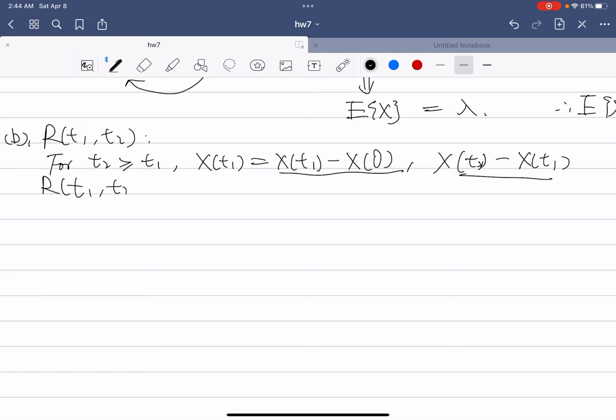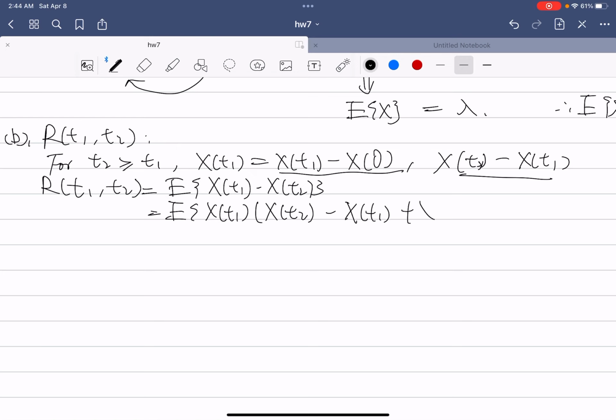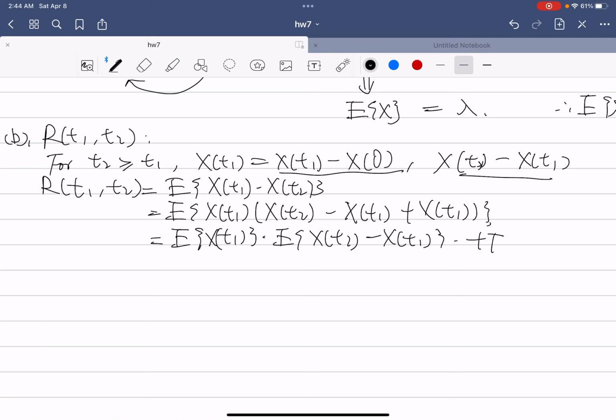So the autocorrelation R(T1, T2) will be the mean of X(T1) times X(T2), which is the mean of X(T1) times X(T2) minus X(T1), then plus X(T1) again. That's the mean of X(T1) times the mean of X(T2) minus X(T1), plus the mean of X(T1) squared.